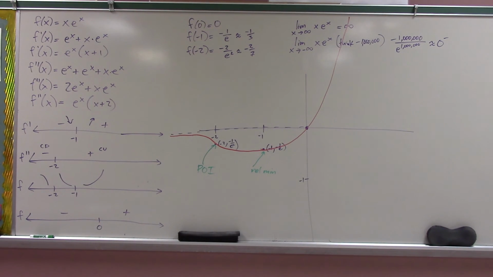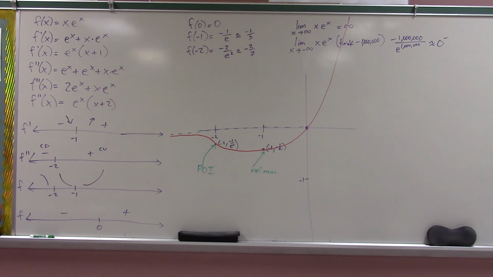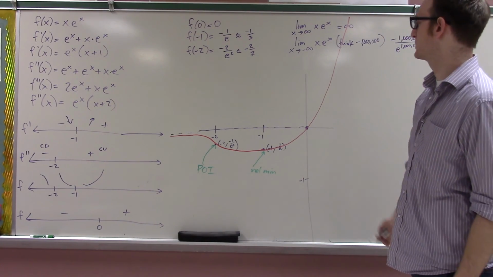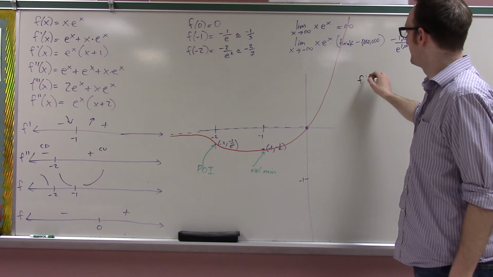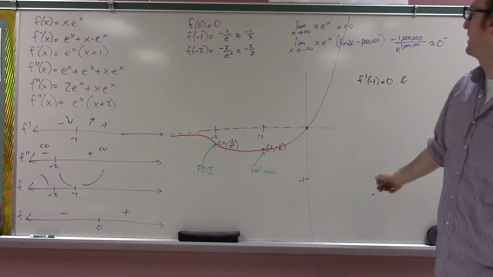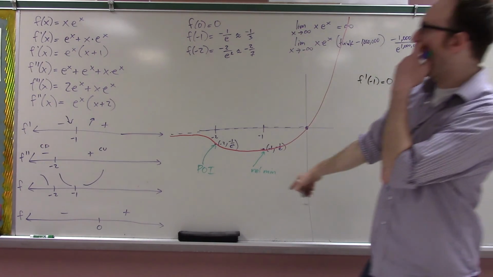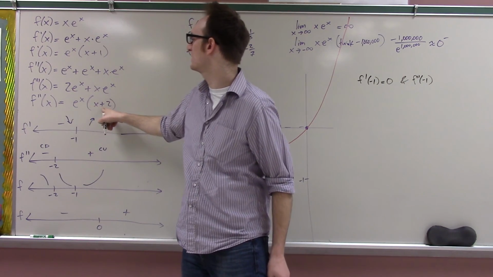Yeah, so then if they wanted me to also justify this, I could do it in 2 ways. Let's do it the second derivative test way, because we're practicing that. The second derivative test, if you want to justify the relative min here at -1, you would say f prime of -1 is 0, and f double prime of -1, you plug -1 into f double prime, and you get 1 over e times 1.